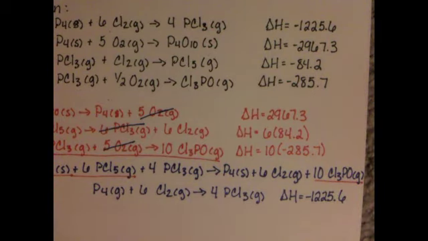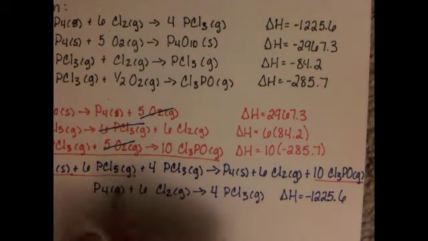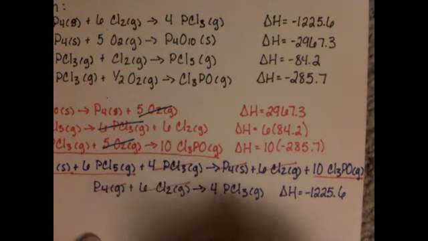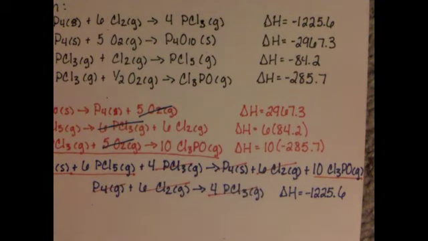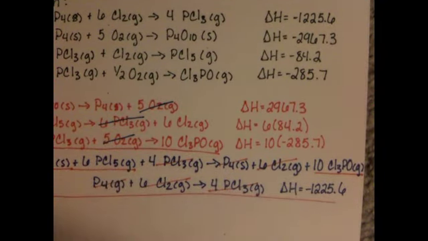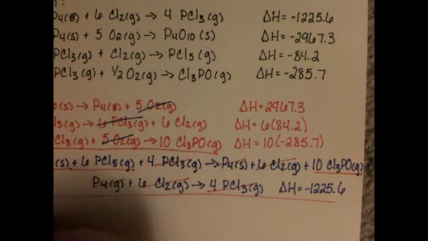So again, we're going to cancel again. P4s are going to cancel. 6 Cl2s are going to cancel. 4 PCl3s are going to cancel. And our new overall equation is going to add up to exactly what we want.